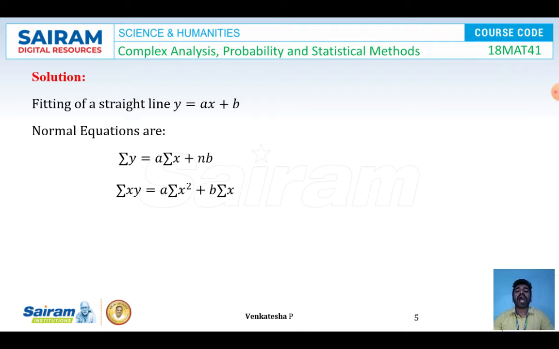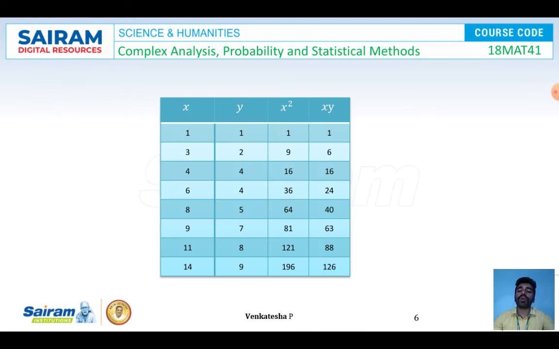So now I am going to make a tabular column to compute all these values. The tabular column must have x, y, x square and xy. x is given by 1, 3, 4, 6, 8, 9, 11, 14 and y is given by 1, 2, 4, 4, 5, 7, 8, 9.